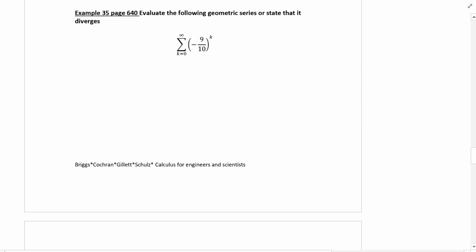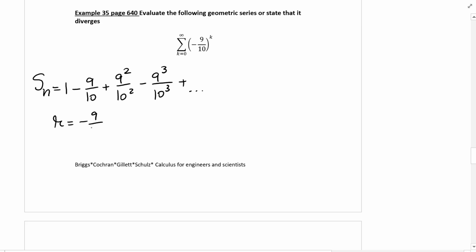Let's take a look at this one also. S sub n is going to be 1 minus 9 over 10 plus 9 to the second over 10 to the second minus 9 to the third over 10 to the third, plus and so on, right? So basically, the common ratio is negative 9 over 10 to get to the next one.